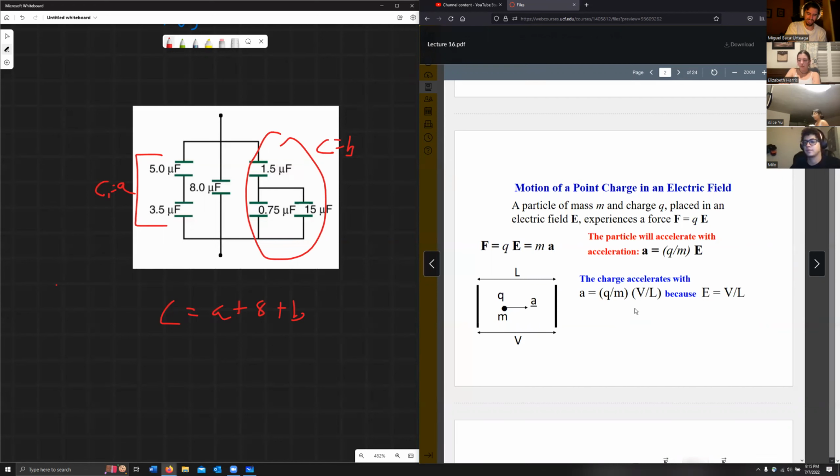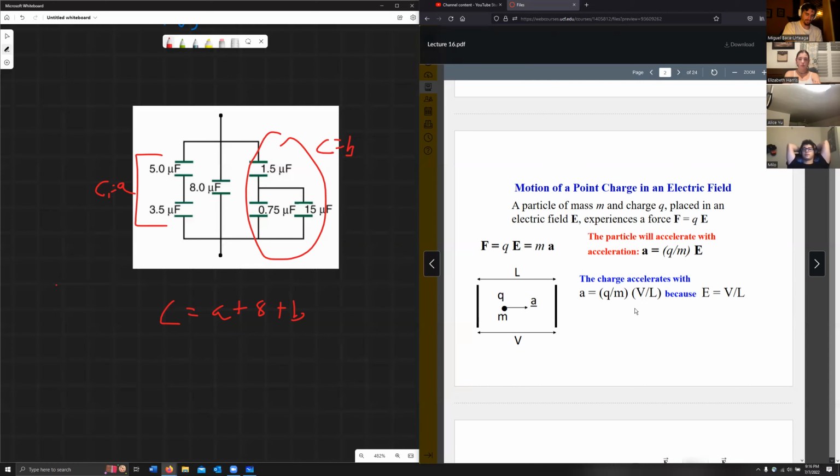This is between 2 plates. So it looks like we're going to be mostly working with the electric field within a capacitor. Then we have acceleration is equal to Q over mass times E.